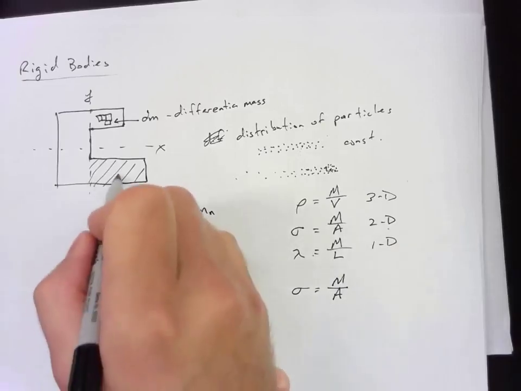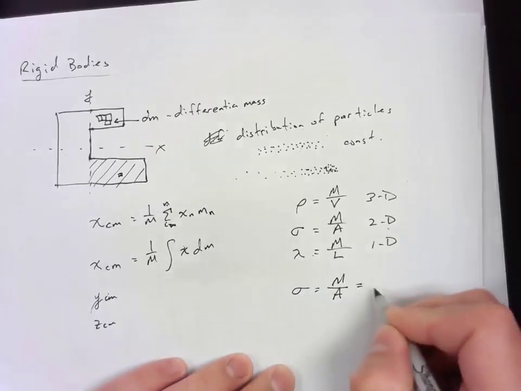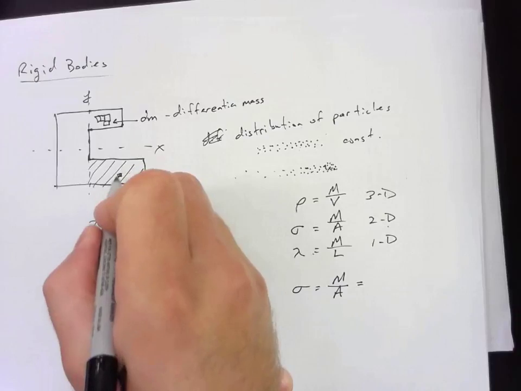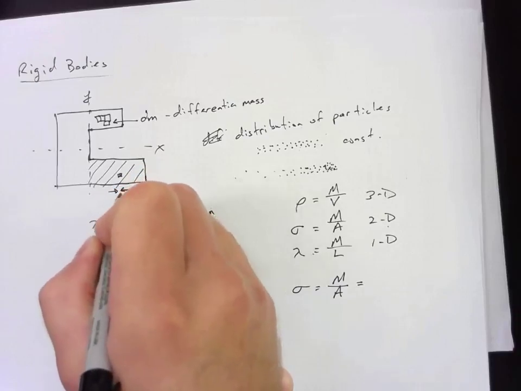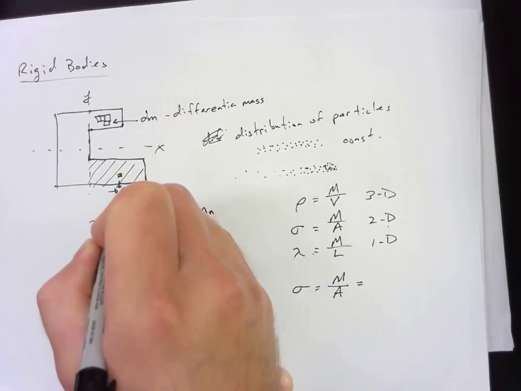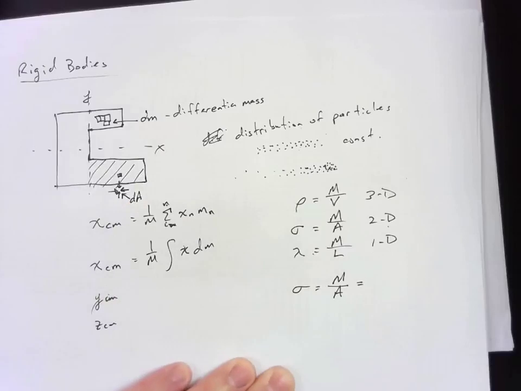Now, if I took an infinitely small little packet of mass there and divided it by the differential area, so there is a very small amount of area there.